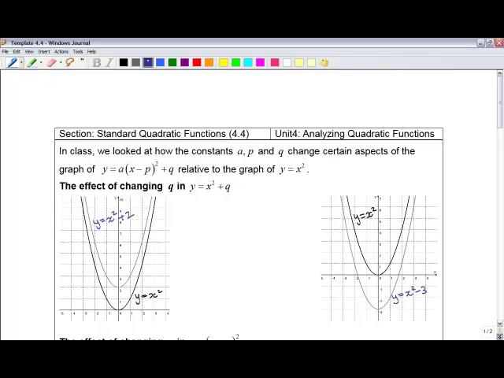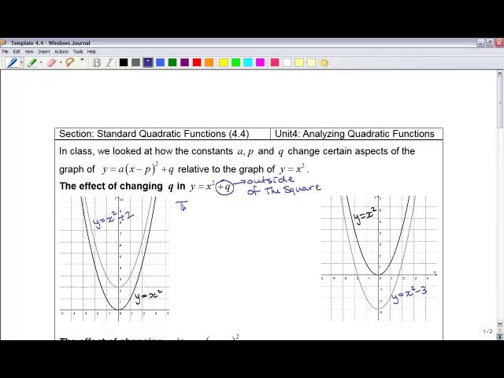When you see it grouped outside of the square, what it does is it changes the y values.